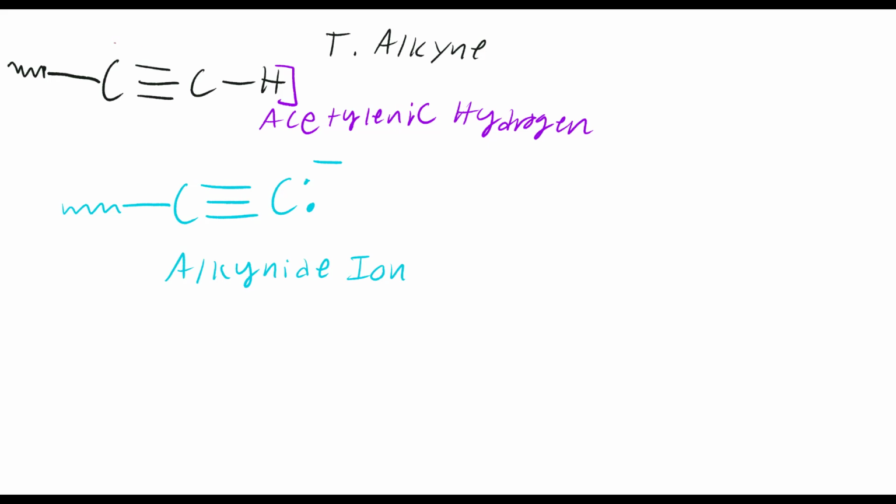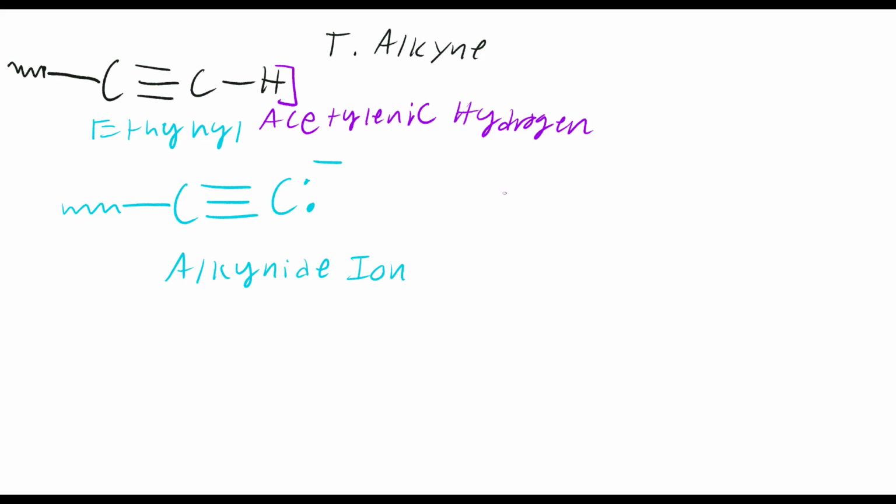Also, this portion right here, you can also call an ethynyl. Is that how you pronounce it? Ethynyl? Scientists, right? They're very pretentious, very pompous. And I mean, that's pretty much it. If you're asked on an exam, what do you get when you rip off a hydrogen? Well, you get an alkynide ion for this molecule.